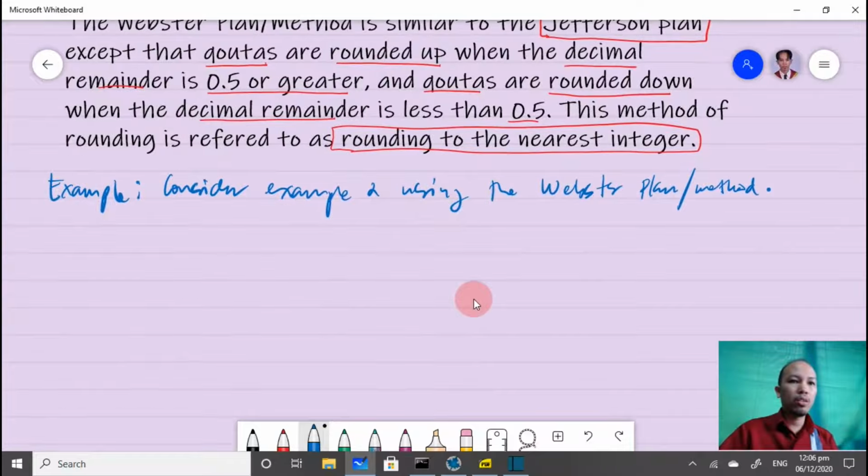So this is the solution. First, we have to make a table.